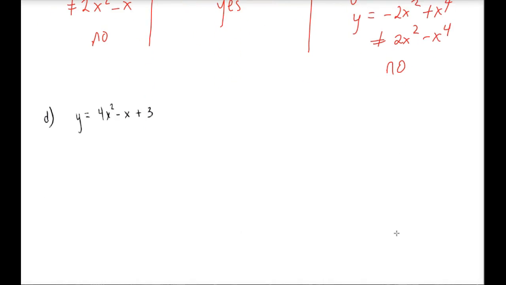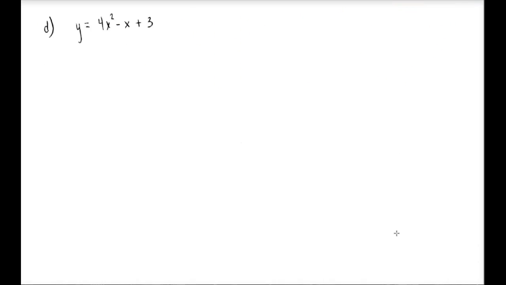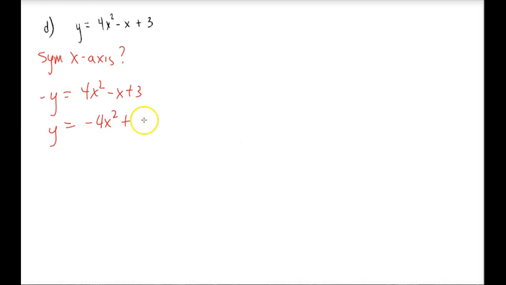All right, and so for our last example, we'll do the same thing here. So again, for symmetry about the x-axis, since x is going to stay the same, we change everywhere where we see y with a negative y. Of course, we'll just multiply by -1, which changes all the signs for each term.